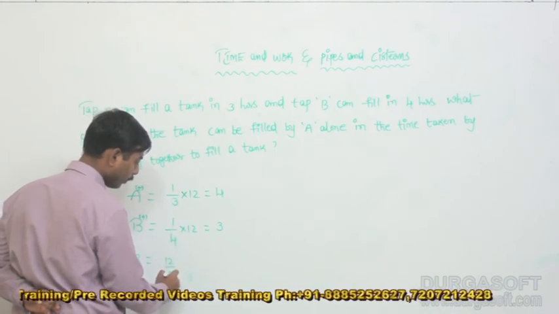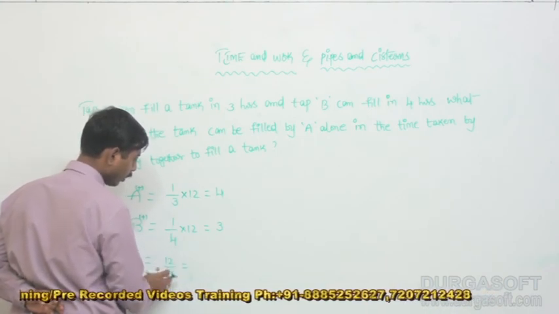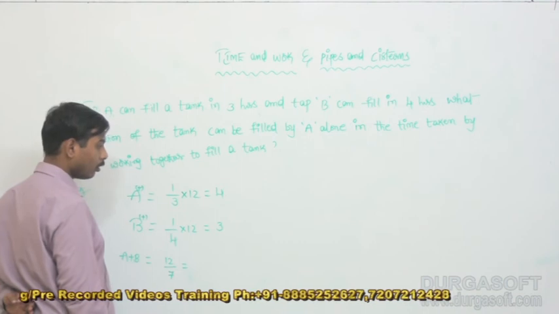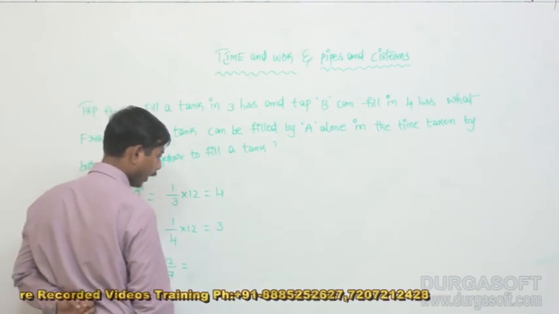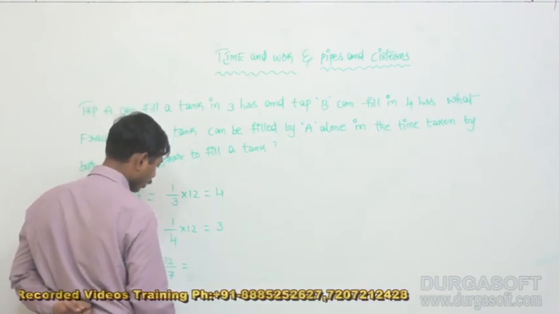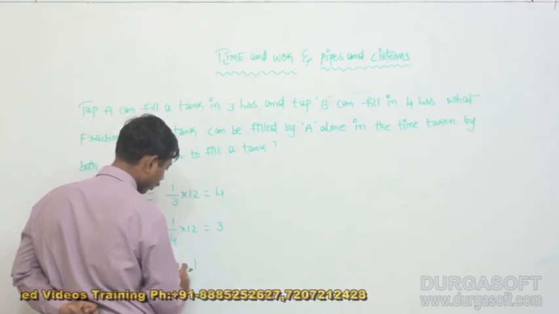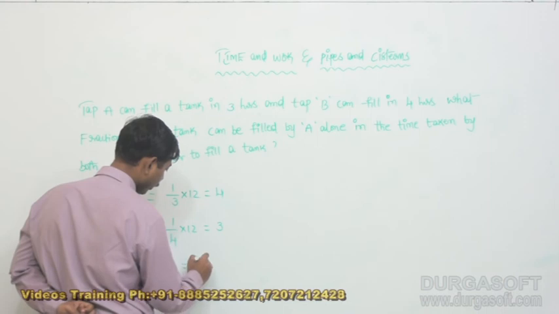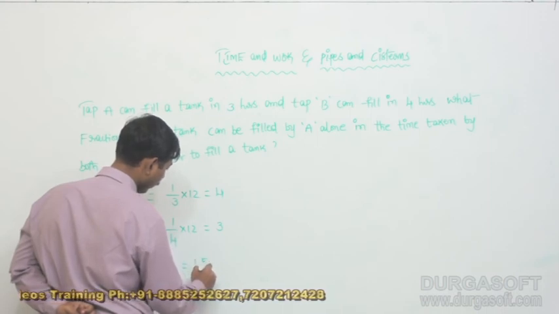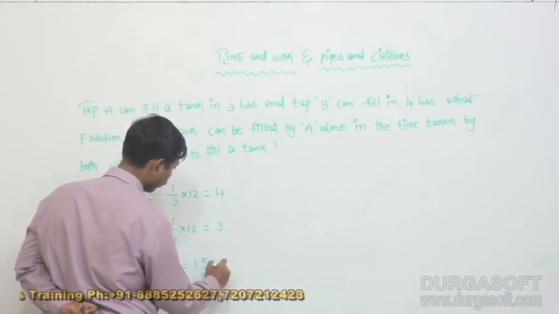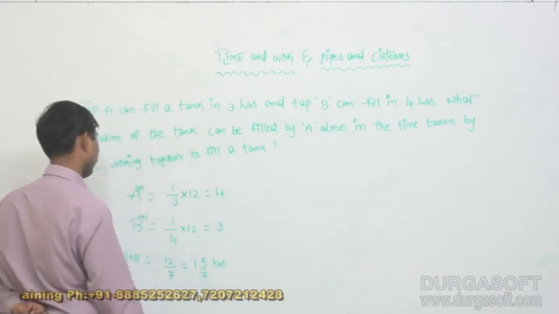So 12 divided by 7 means 1 with remainder 5, so 5 by 7 hours more are required.